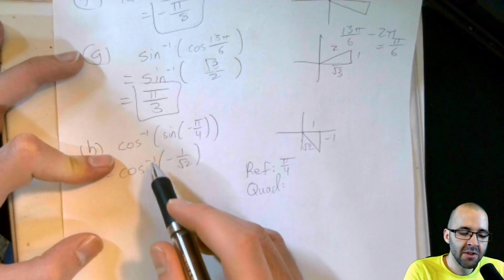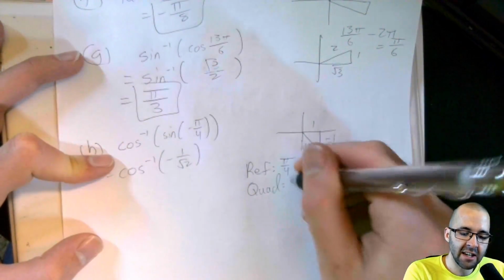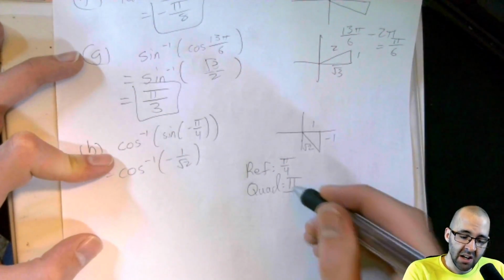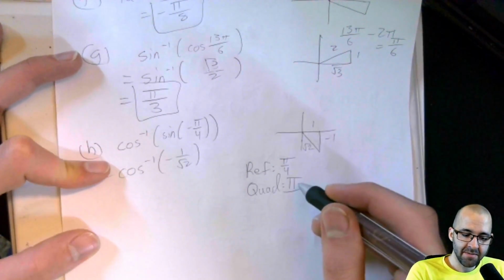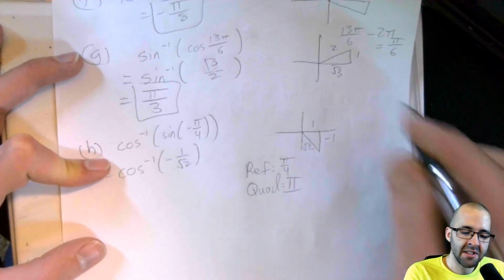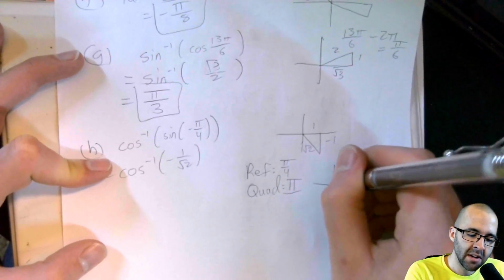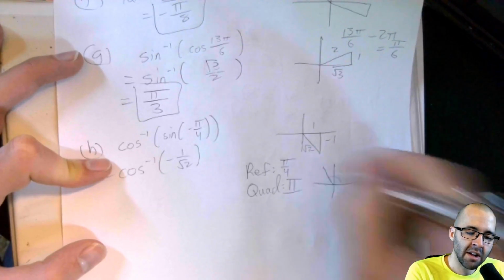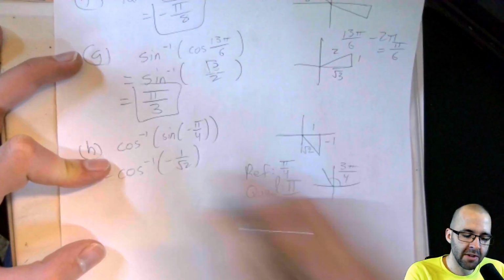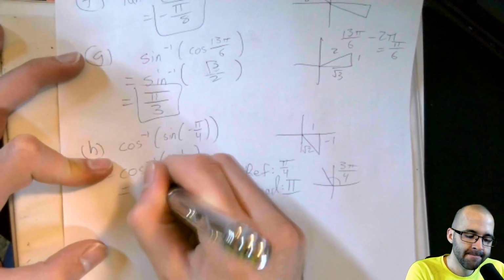The range of inverse cosine is in the first and the second quadrant. So to be negative, because we have a negative ratio, we need to be in the second quadrant here. So we need to find something with a reference angle of pi over 4 that's in the second quadrant. You draw a picture. You're going to get 3 pi over 4, or 135 degrees, is your answer.